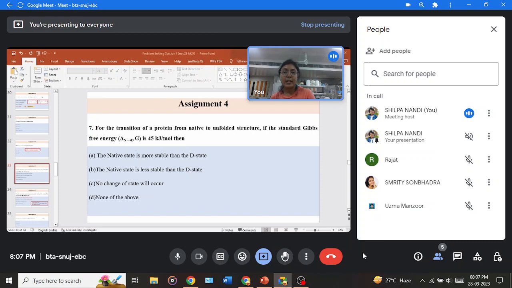Whether the native state is more stable, or less stable, or there is no connection between the stability and the Gibbs free energy, or option D is none of the above.